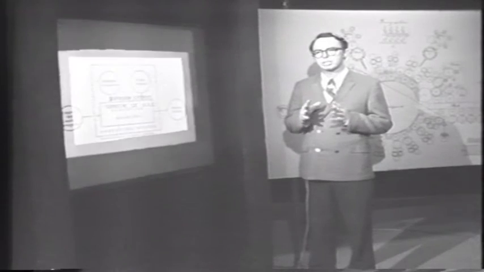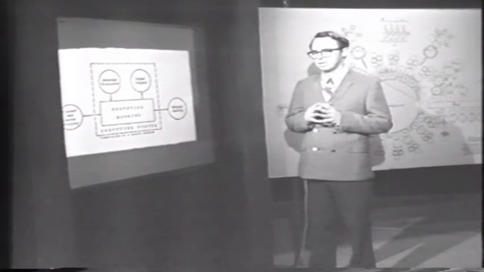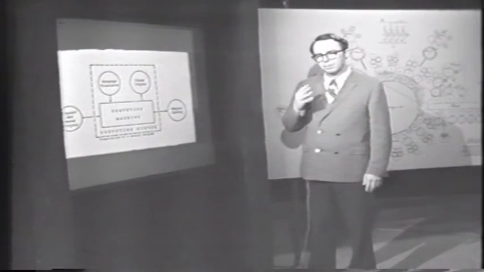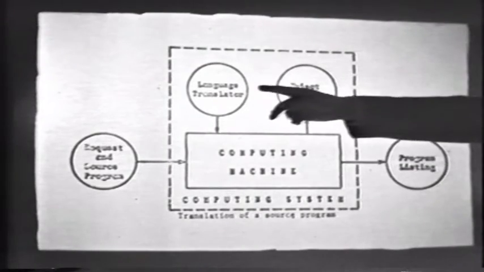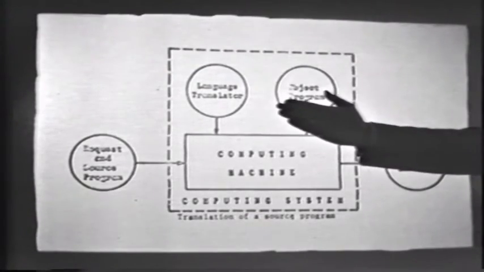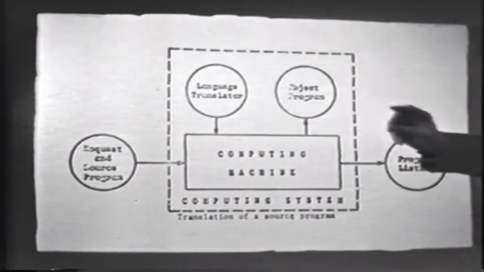Now, as we have all these types of statements in Fortran, let's look at the entire translation process again. What happens is we take our source program made up of these types of statements. Within the computer is the language translator. In our particular case, it will be the Fortran compiler.